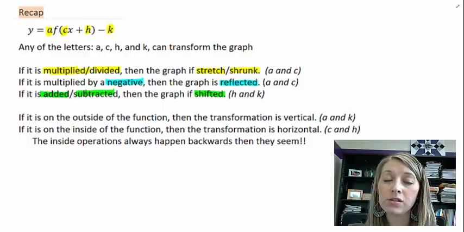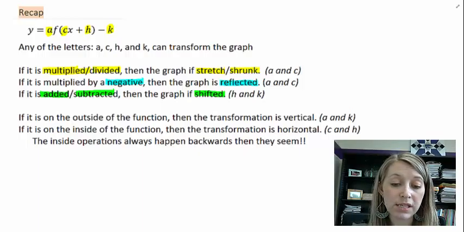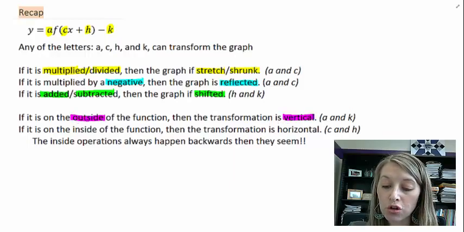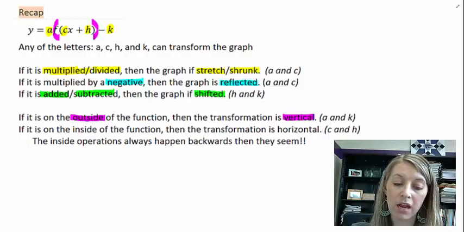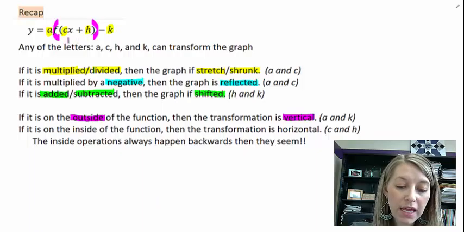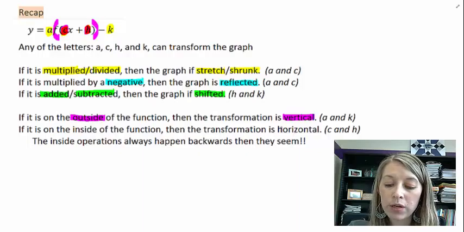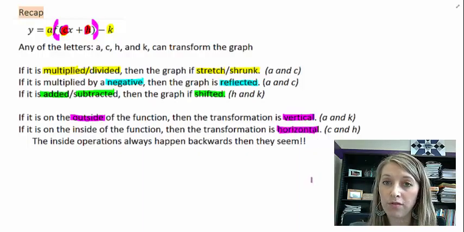All right, so that tells us how it's going to be transformed, but now we need to know in what direction. Something that you've heard me say consistently: if it's on the outside of the function, then it's a vertical transformation. And so those are the letters A and K. Notice those are on the outside of that set here, my A and my K. If we are on the inside of this set of parentheses, like C and H, that's going to happen in a horizontal format.